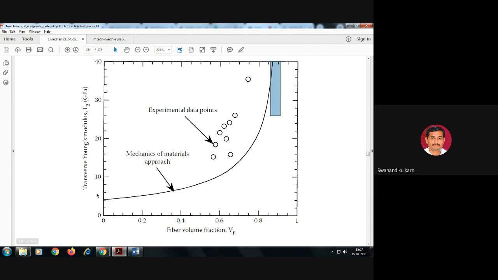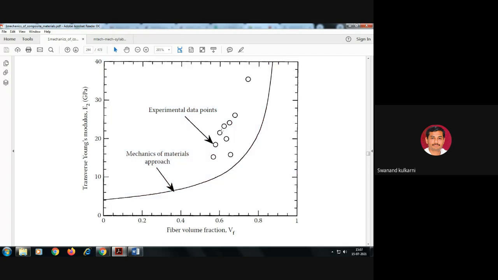When there is 0% fiber and when there is 0.8% fiber, by the mechanics of materials approach, you can see how these properties improve from this end to this end. Likewise, for experimental data points, because any theoretical model we should validate with reference to experimental results.